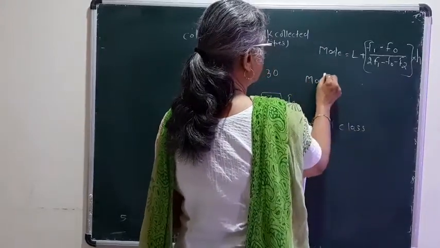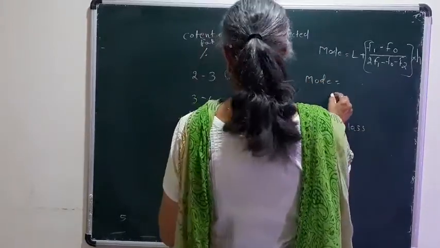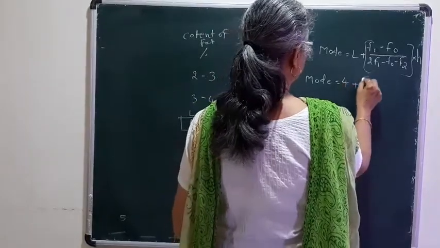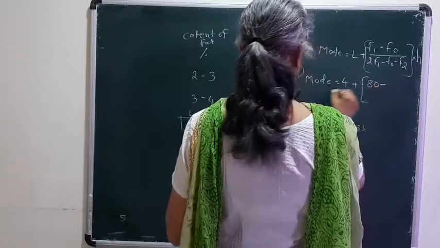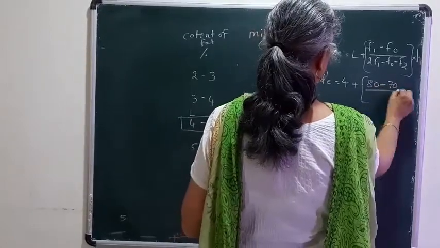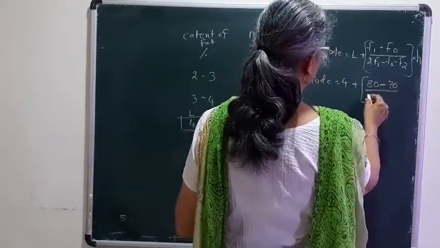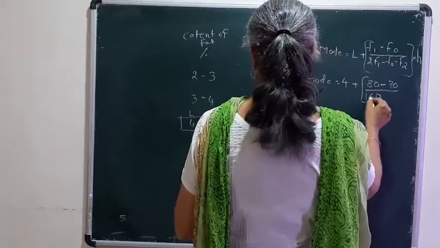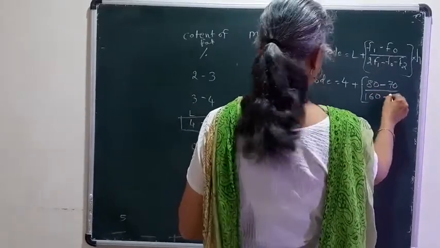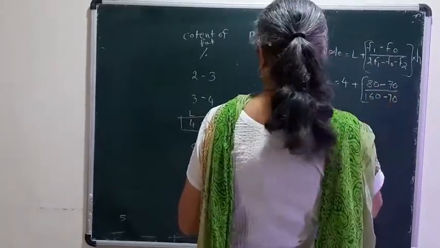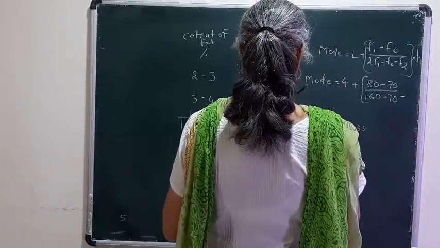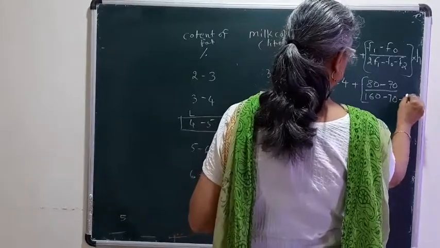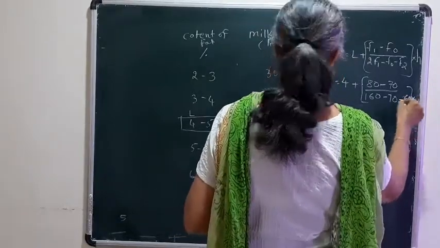So mode is equal to, now our L is 4 plus F1 is 80 minus F0 is 70 upon 2 F1 means 160 minus F0 again 70 minus F2, we have F2 60, and height is 1.